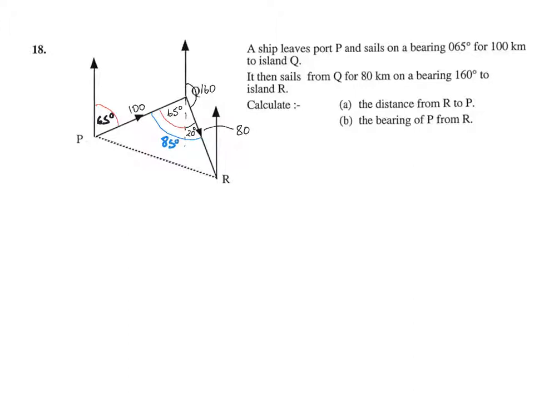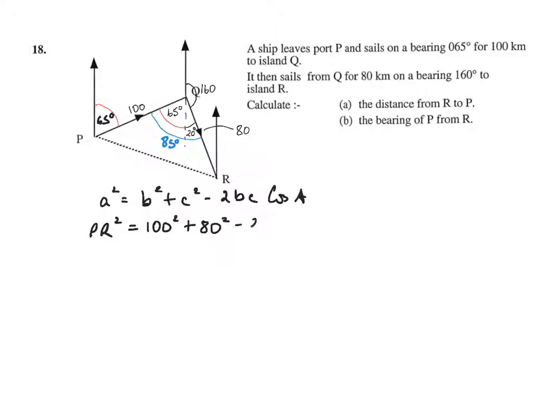Now we've got the angle between two sides, that's the cosine rule. So a squared equals b squared plus c squared minus 2bc cos A, and that's PR squared equals 100 squared plus 80 squared, minus 2 times 100 times 80 times the cos of 85 degrees.